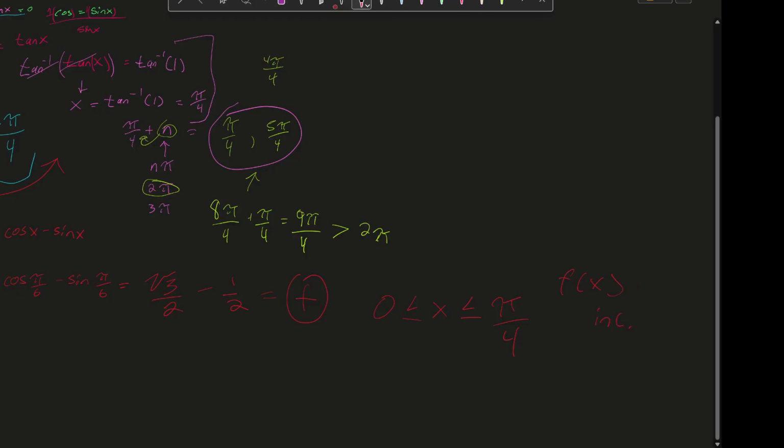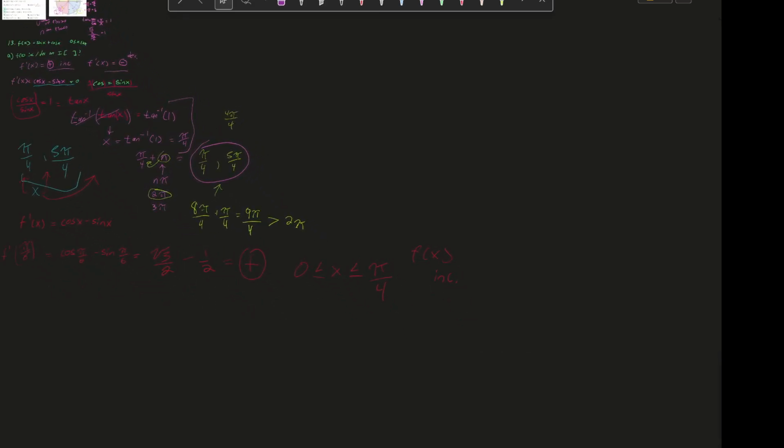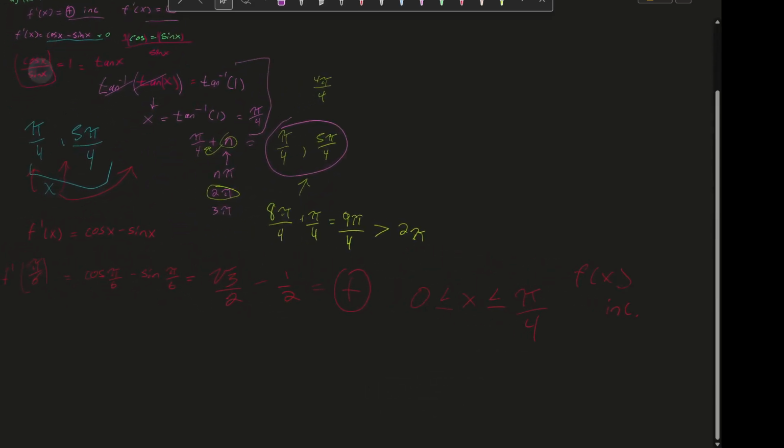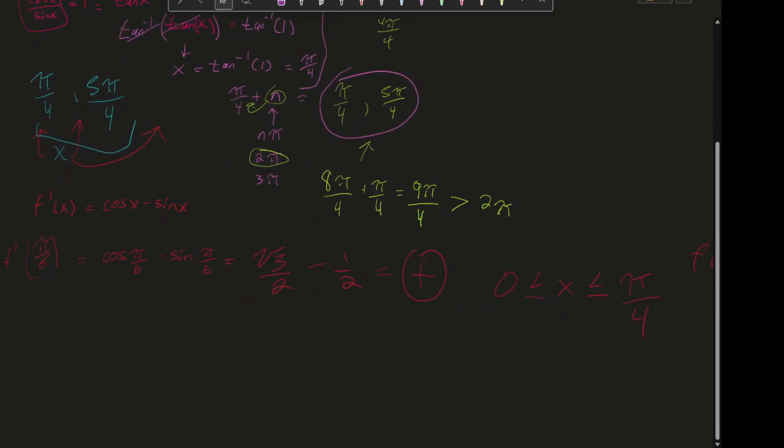That's what that means. And then after the first point of interest, pi over 4, we'll take something between that and 5 pi over 4, so anything between pi over 4 and basically a little over pi.